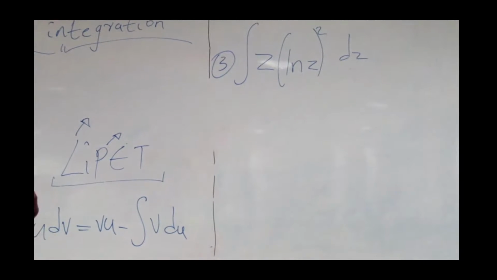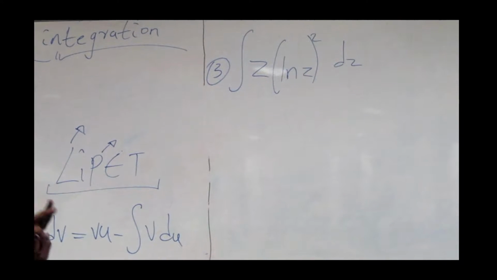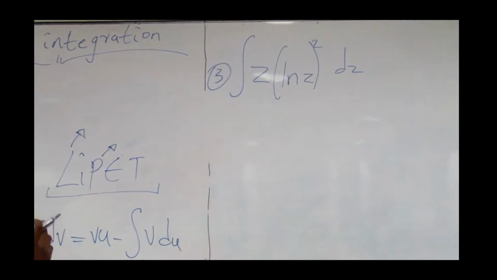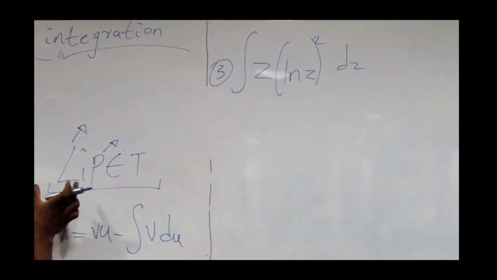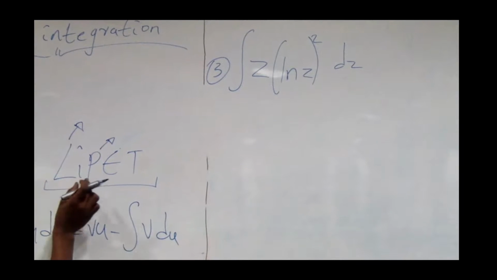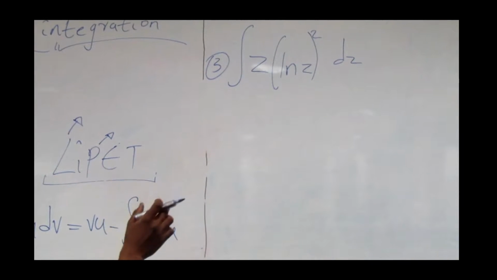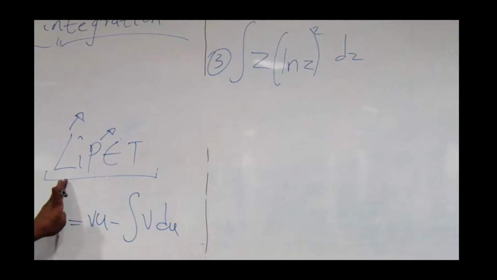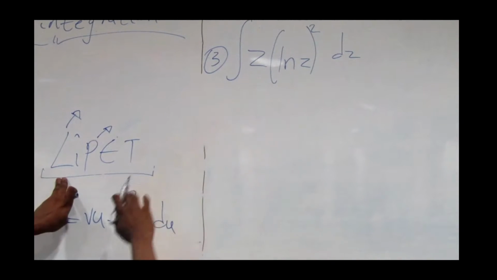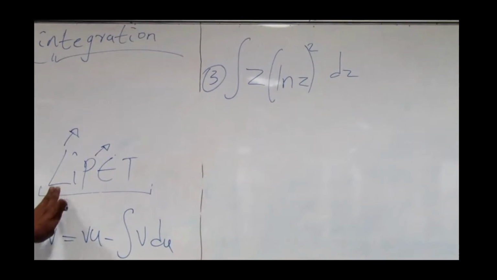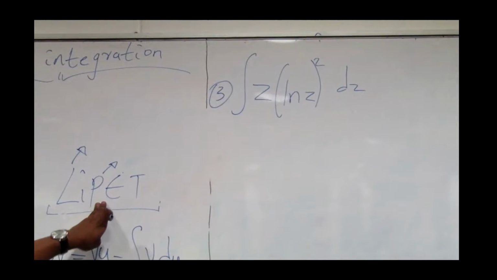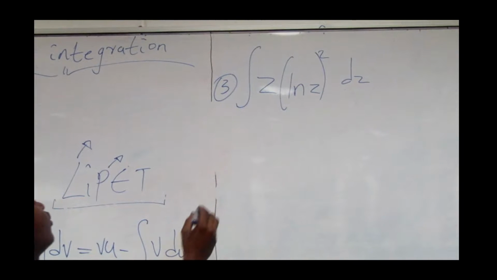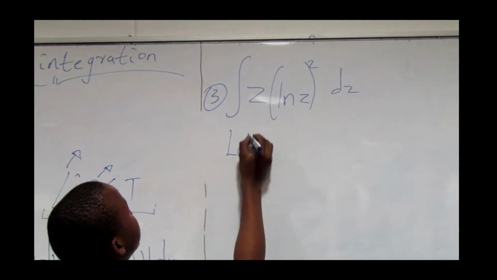This L means we are going to start by letting u be our ln. Then the second one, which is the polynomial, is going to be dv. We are going to say this is the first step.